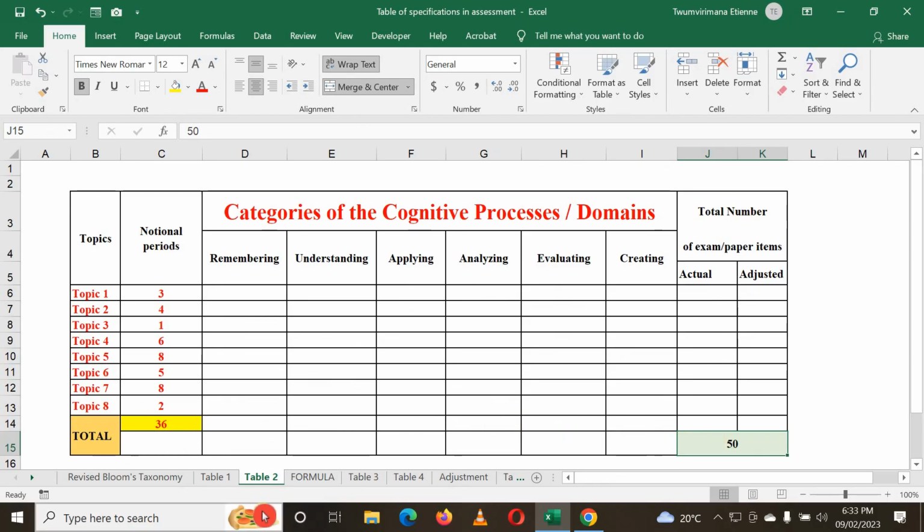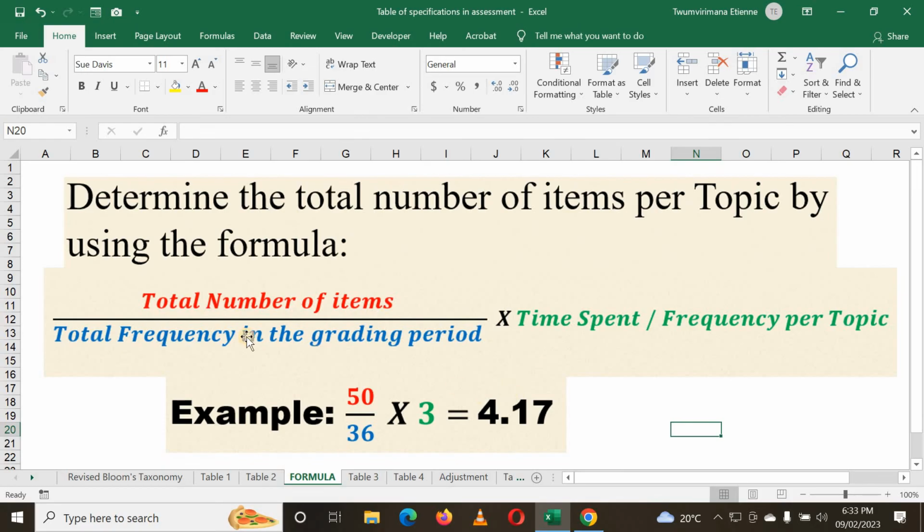Now, how to know how many questions I'm going to ask my students in my assessment that require remembering, understanding, applying, analyzing, evaluating, or creating? How to know that? There is a formula that we use. Here you see on the next sheet there is a formula. How to determine the total number of items per topic by using this formula.